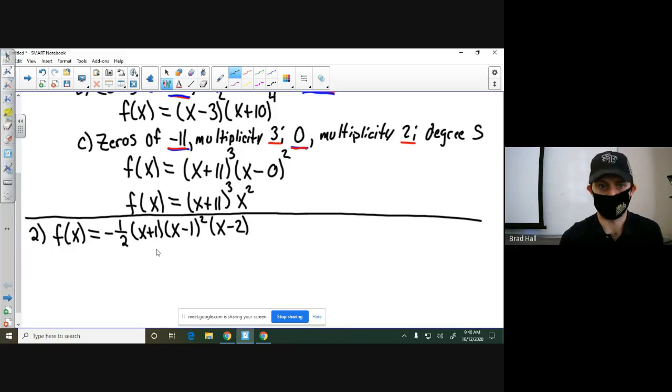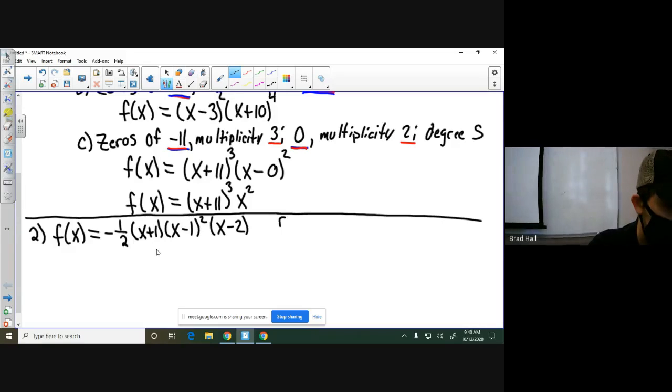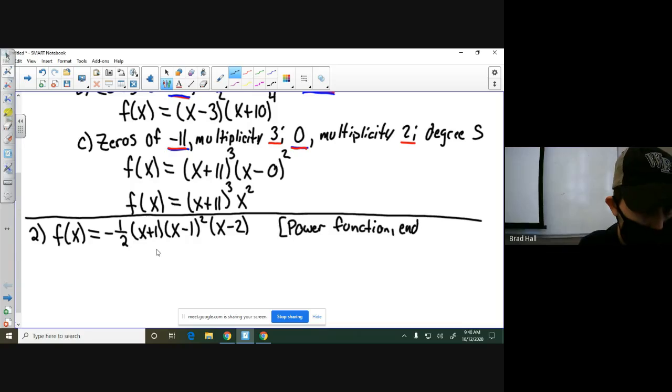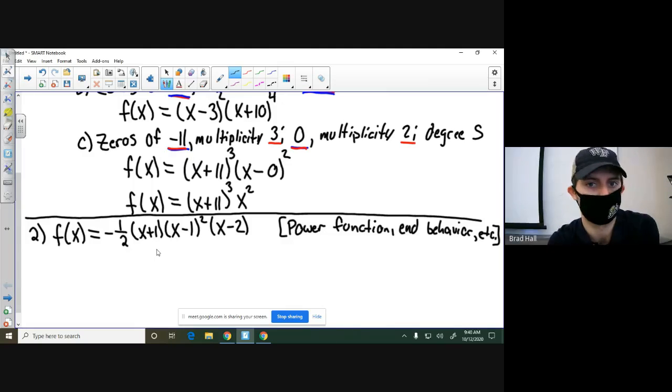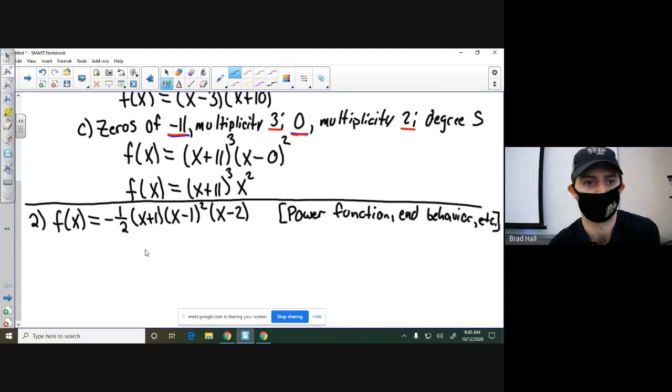So it goes on to say find the power function and the end behavior and all this other stuff, etc. So we'll find all of these one by one. And then we'll use that to construct the graph.